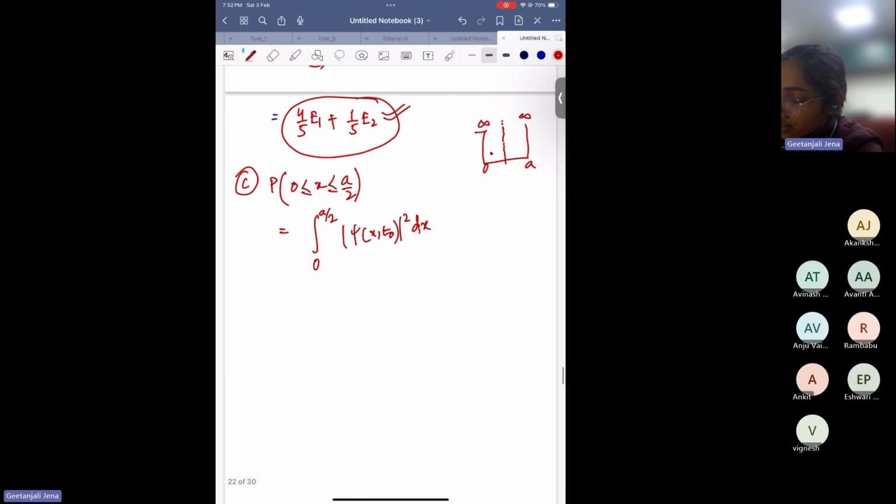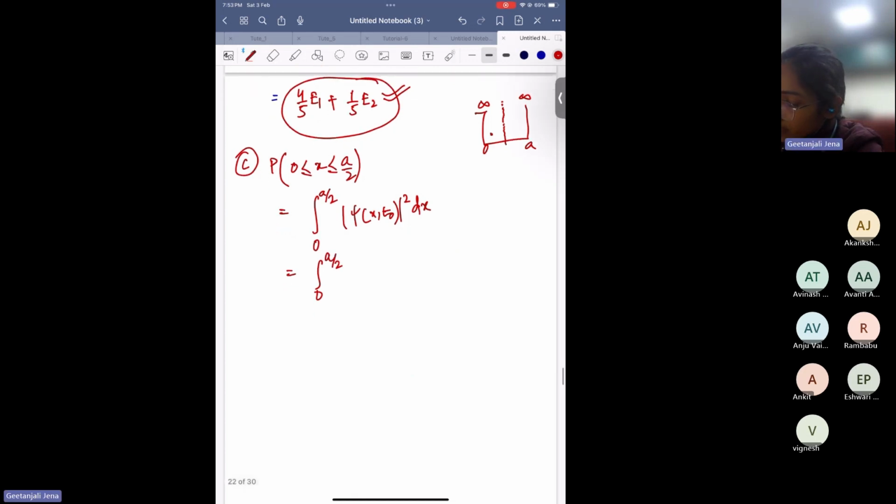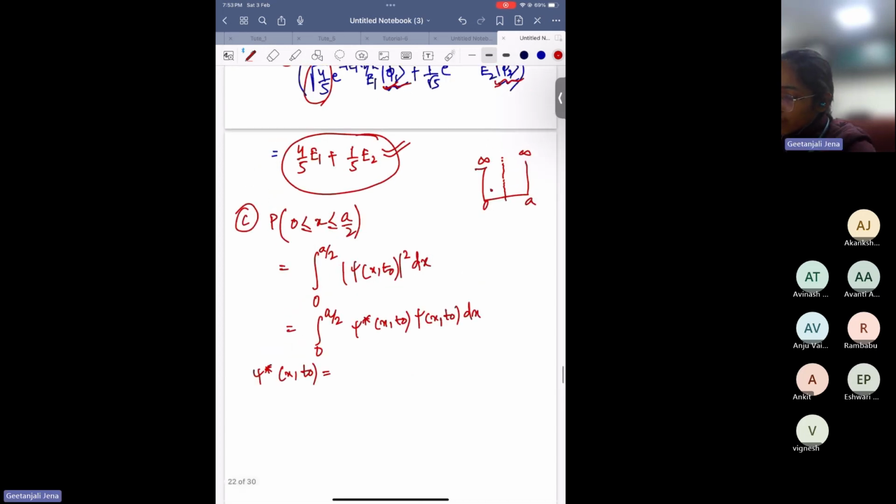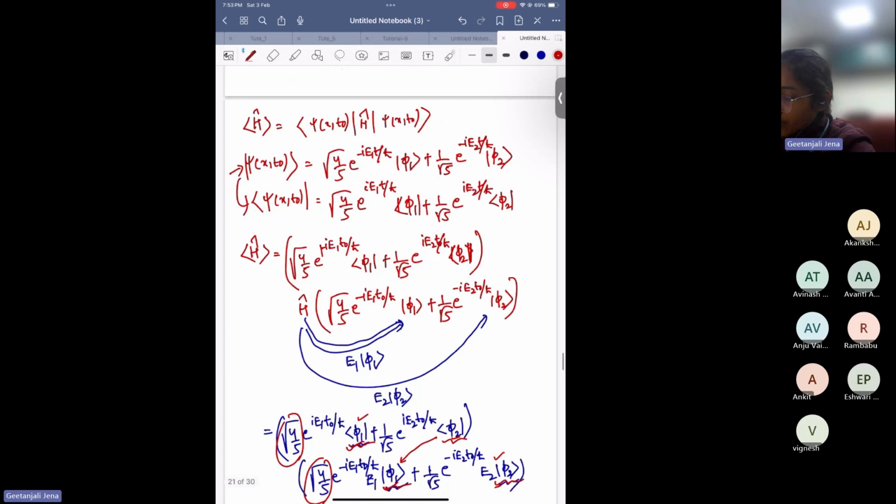The probability will be this integral: psi star of x,t0 and psi of x,t0 dx. I think for now everyone can solve it. I have shown you the detailed procedure in the previous question also.